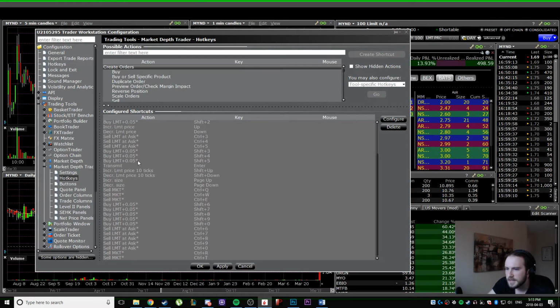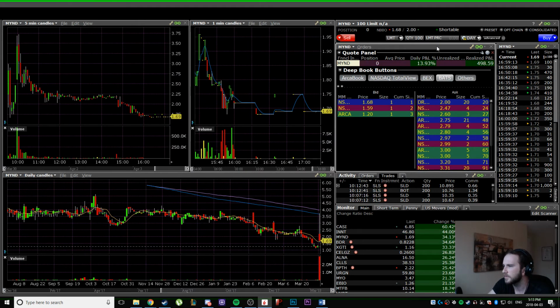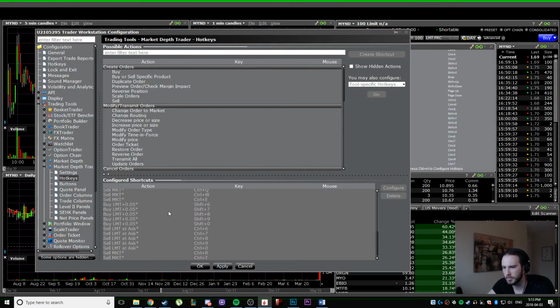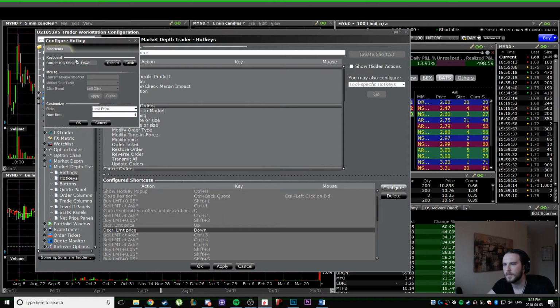What else? I have a couple more things in here. I can't really show you right now, but if I put my shares up on the ask and they're not getting filled, I can simply press the down arrow key to lower the price. Where is it here? Down: decrease the limit price by 1 cent, or 1 tick.